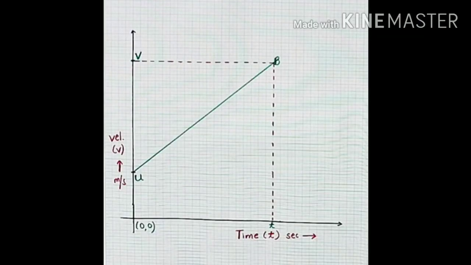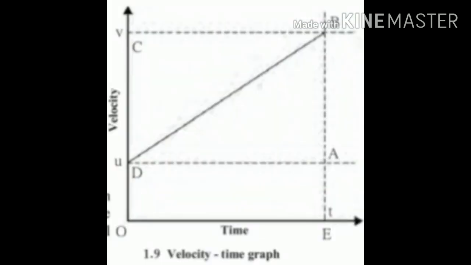Its velocity keeps increasing and after time t, it reaches the point B on the graph. The initial velocity of the object, u, is equal to OD. The final velocity of the object, v, is equal to OC. Then time t is equal to OE on the graph.